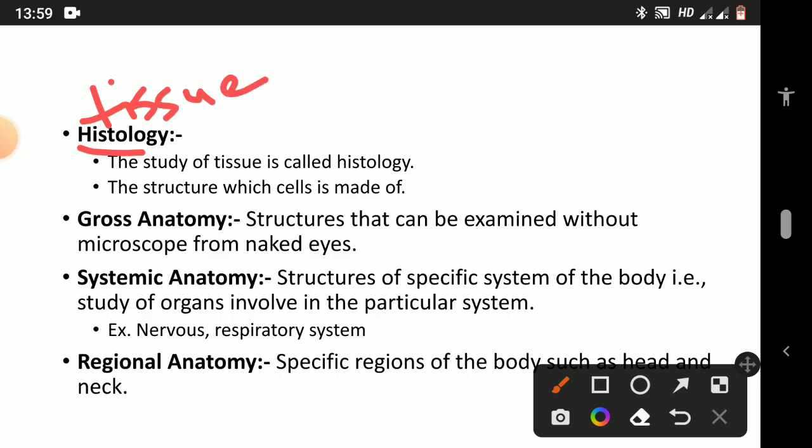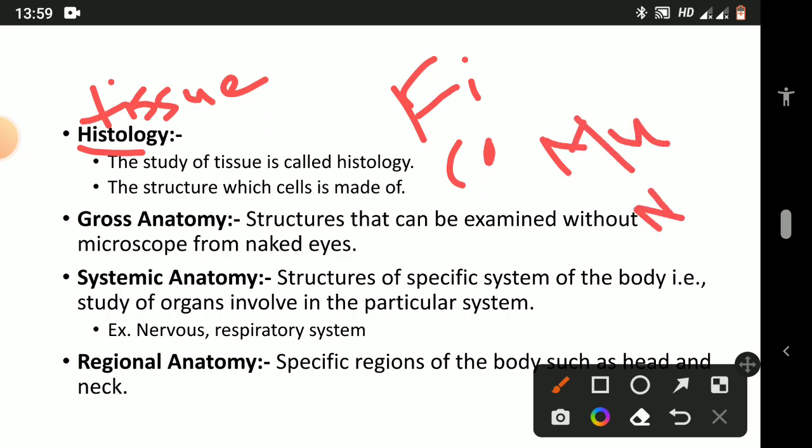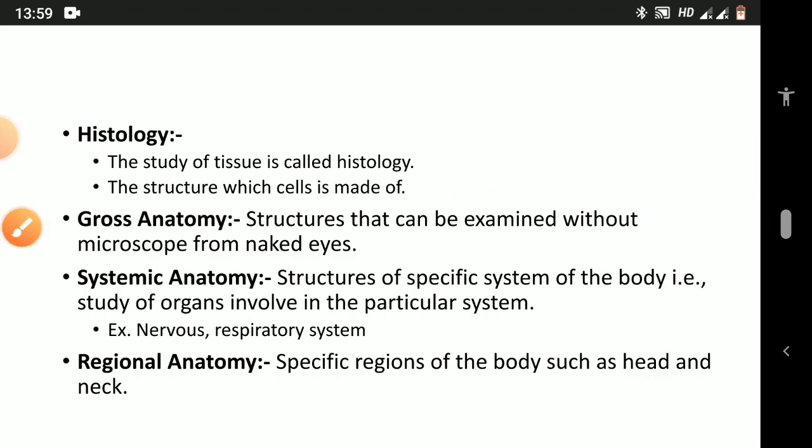Then what is histology? Histology is the study of tissue of an organism. Tissue in the human body may be of 4 types: epithelial tissue, connective tissue, muscular tissue, and nervous tissue. The study of these four tissues takes place within histology.